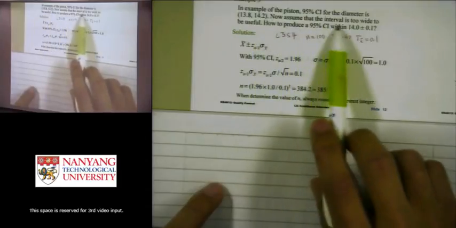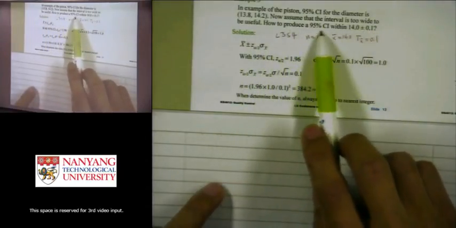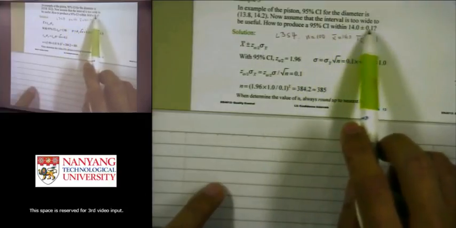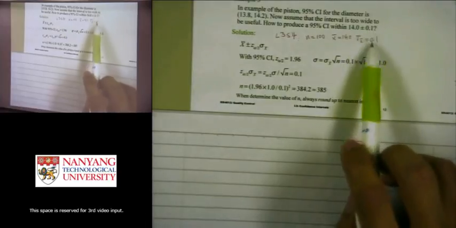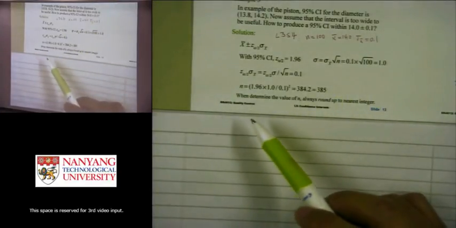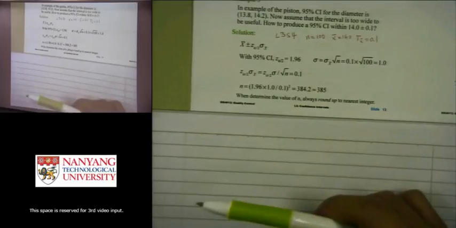And here they said if this interval is too wide to be useful, how to produce a 95% confidence interval within 14.0 plus minus 0.1. So what should we do?